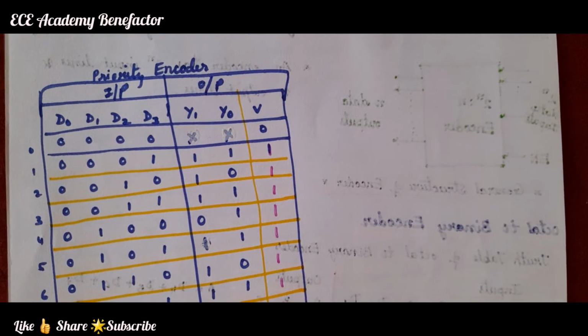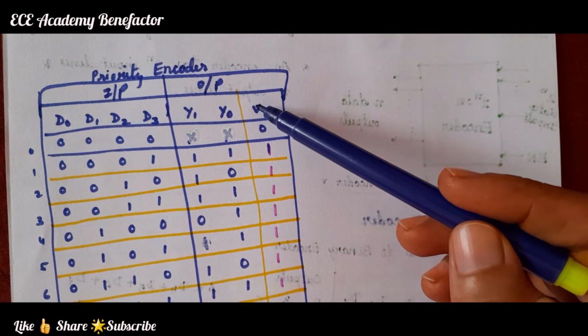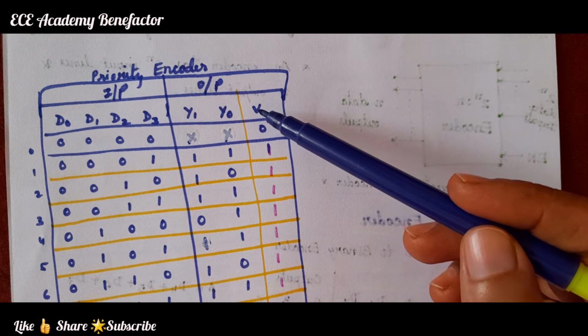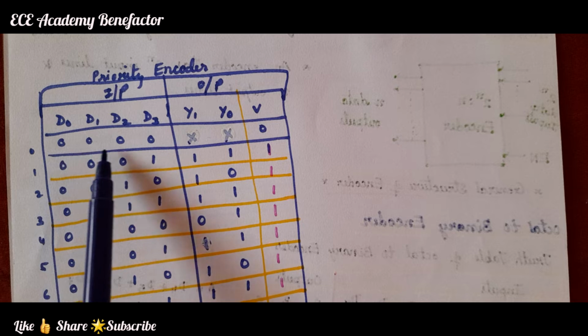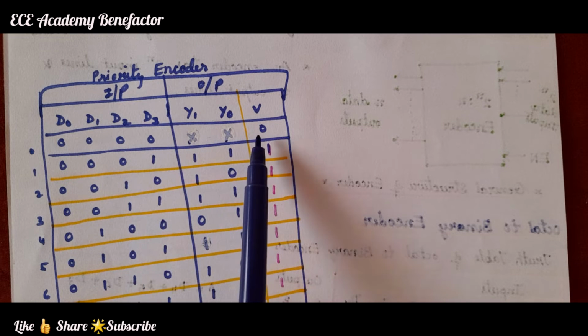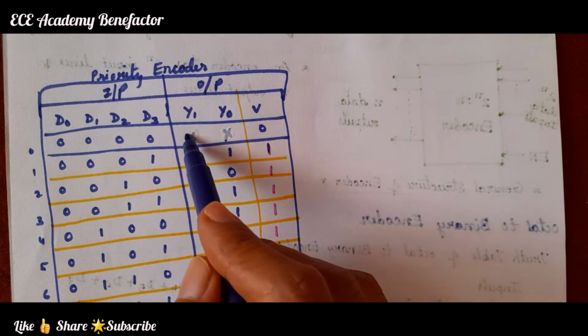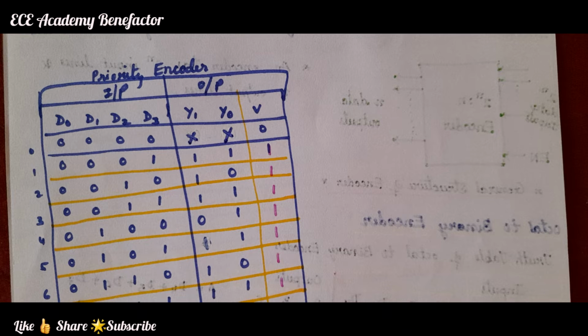So let us understand how to get these outputs. What is V? The valid output. This will be set to 1 when any one of the inputs is high. Under the first condition, when all the inputs are 0, the valid output is 0, and the outputs y1 and y0 are unused, so they are don't care.